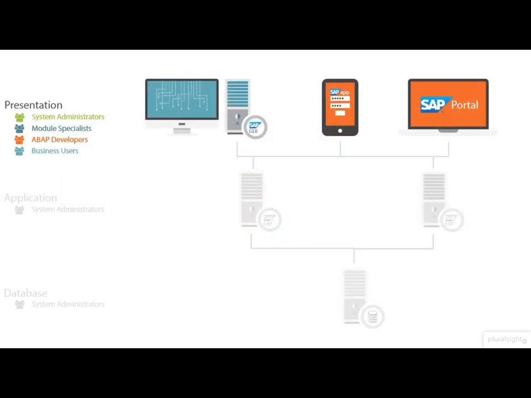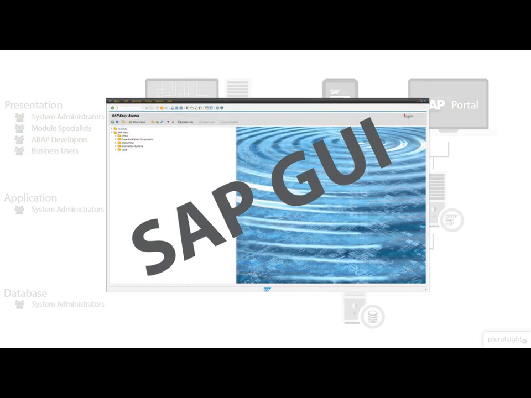So once again, if you are a system administrator, module specialist, ABAP developer, or even a business user, you probably work in the presentation layer, having, let's say, a laptop with Windows 8 running on it. And you're probably using the most common SAP client, the SAP GUI. That is actually a program like Microsoft Outlook or Excel that runs on your laptop.